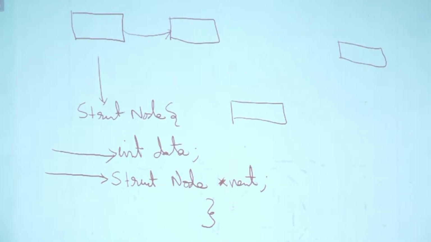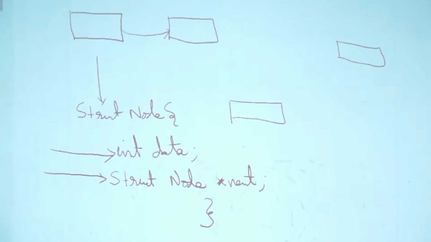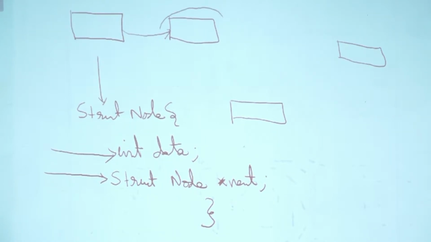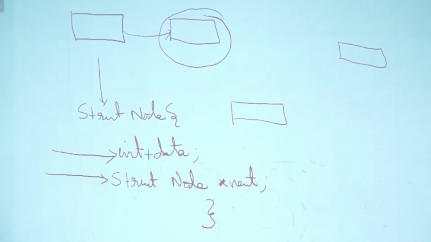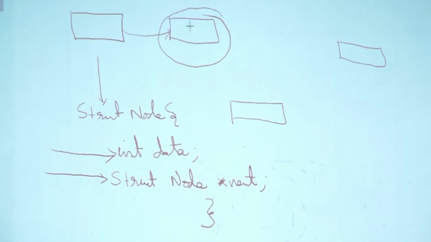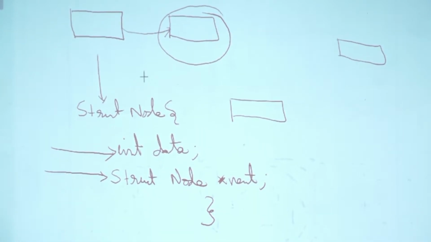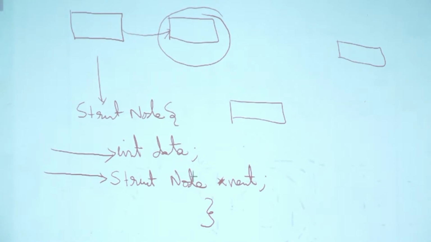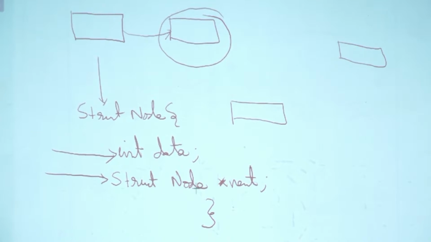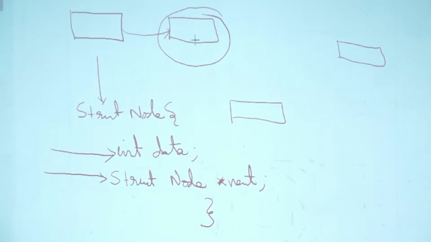So it has a node. In this case, what is the structure of this node? This is also a struct node only. So this next is used to point to this node, not to the current node. In order to create a pointer to this node, we have a struct node star next. From here we have a pointer to this node, and we have a pointer to this node.